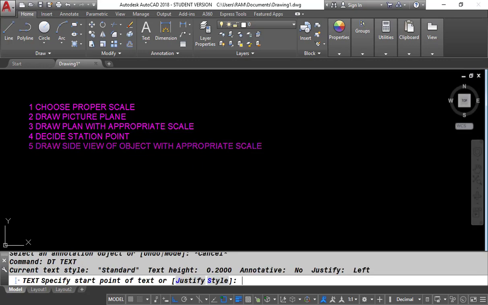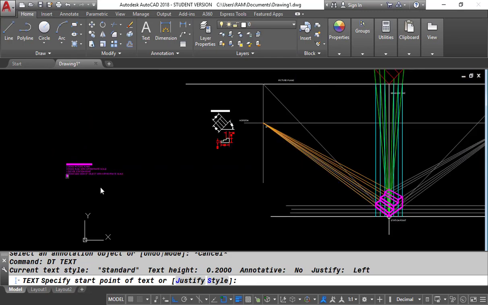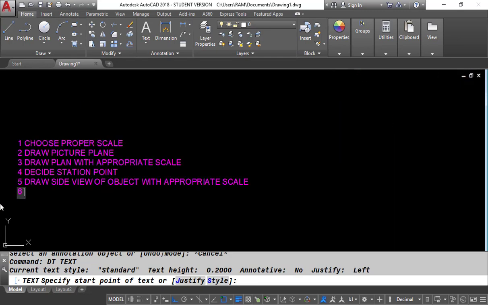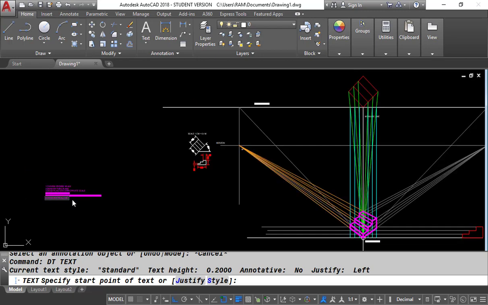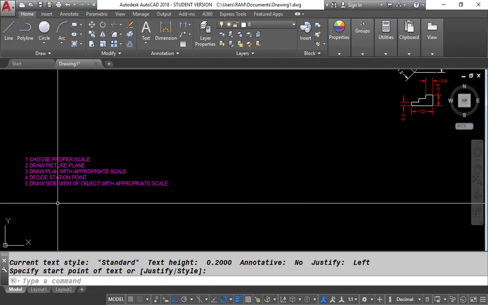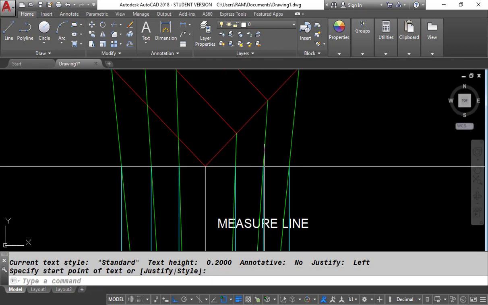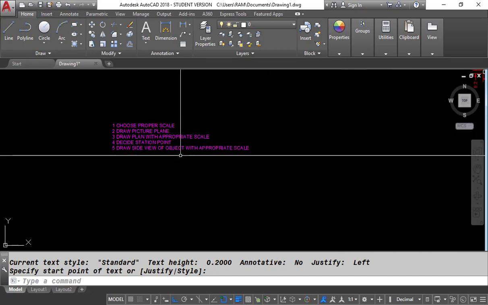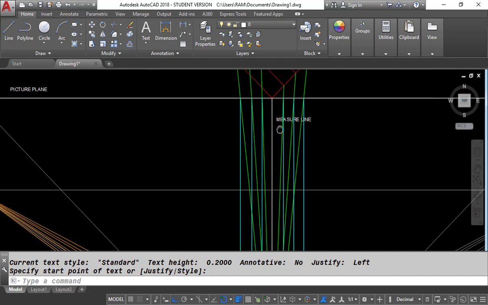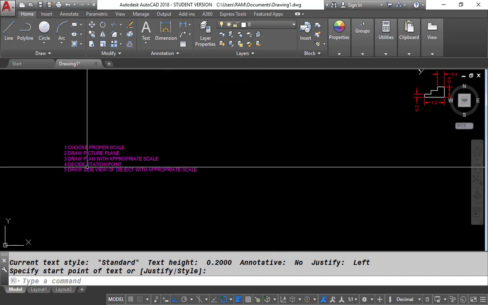Our next step is draw a vertical line. Okay.